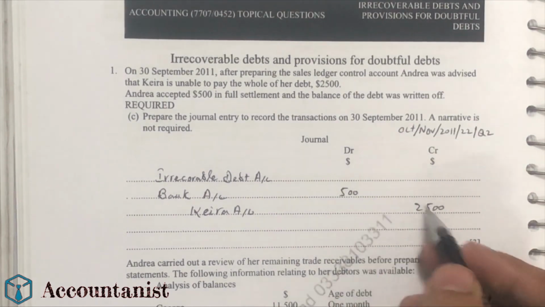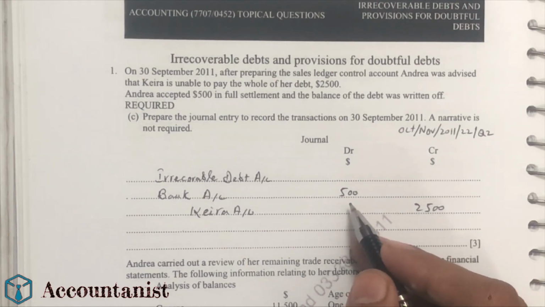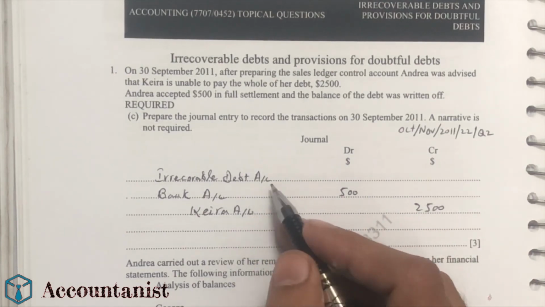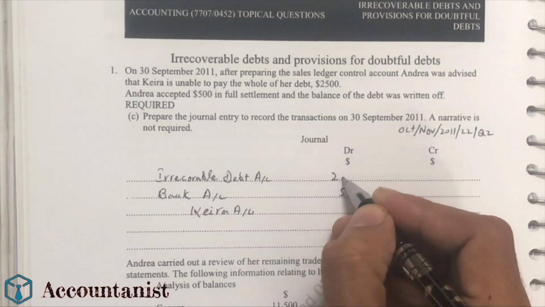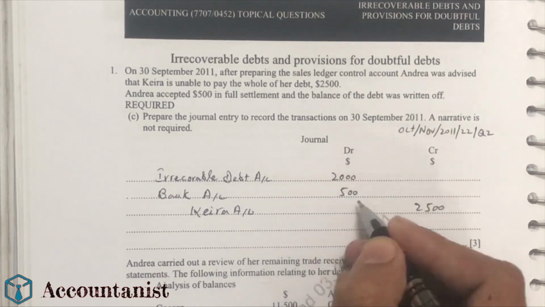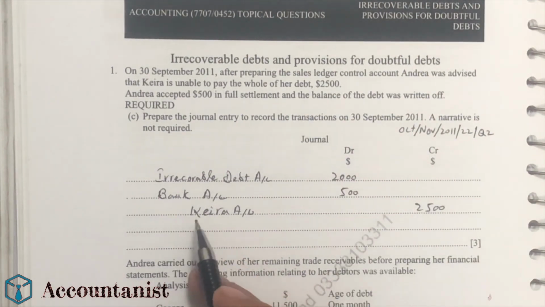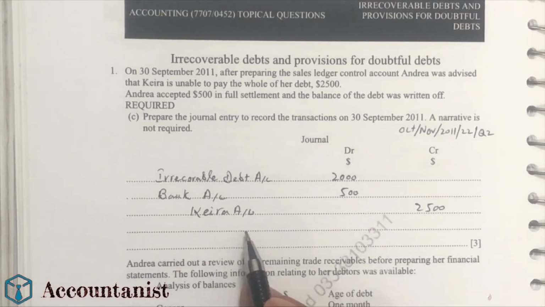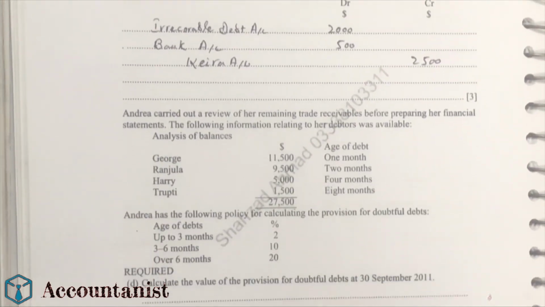The difference between these two: we were supposed to receive 2,500 and we only received $500, so the 2,000 will become irrecoverable. So write down 2,000 here. A narrative is not required means we don't need to write any narration here. So that's the first requirement of this question that relates to our topic.